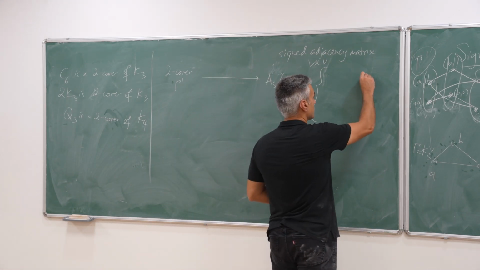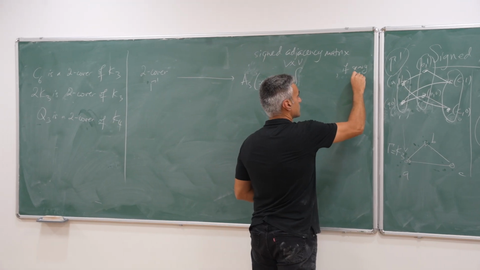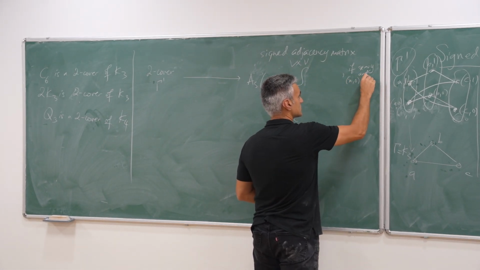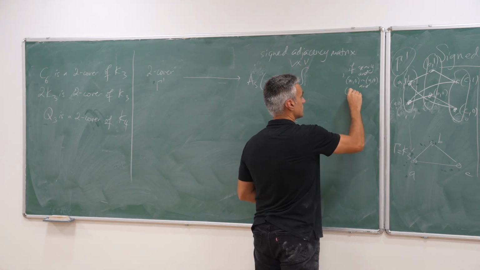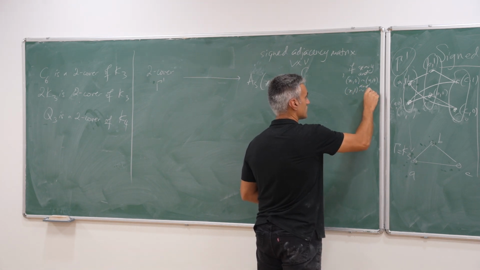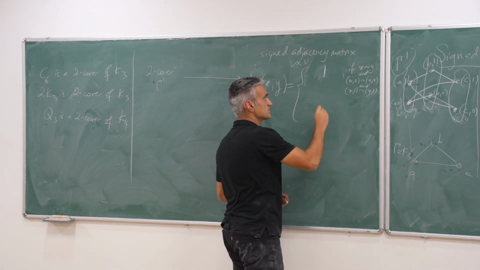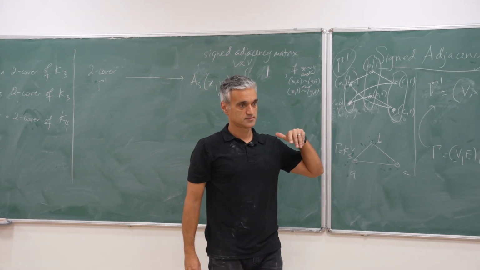So if X is adjacent to Y, and in gamma prime, X0 is adjacent to Y0, and X1 is adjacent to Y1, I put a 1. So if I have parallel edges, I just keep a 1.